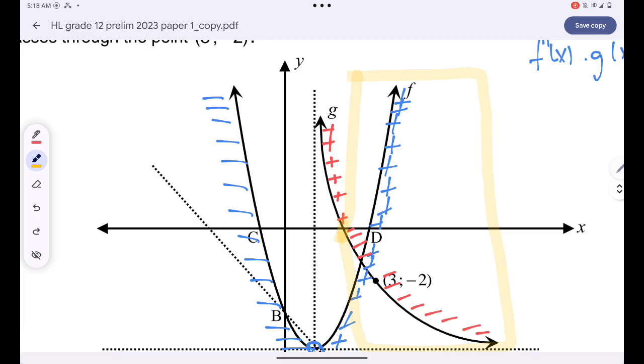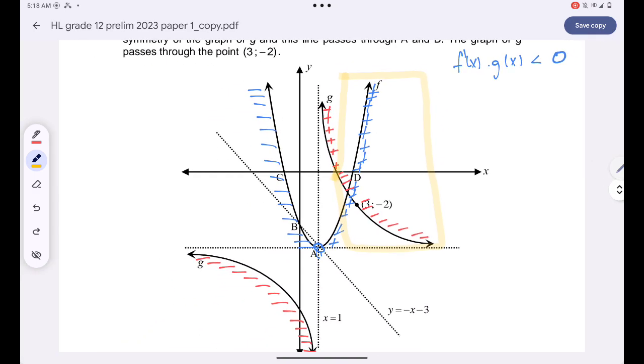G of x has a negative sign, whereas f of x has a positive sign. If I multiply these two things, I'll forever get a negative value. So the only thing we're supposed to do right now is to find the x-intercept over there, because let's say if the x value is a, that means this statement is true whenever x is greater than a.